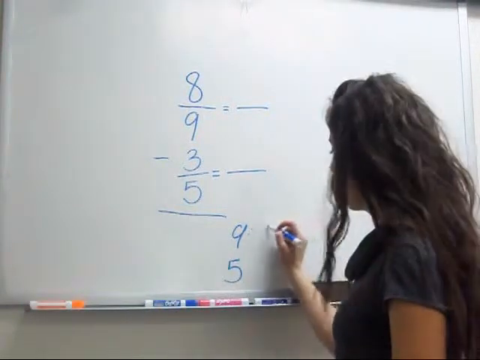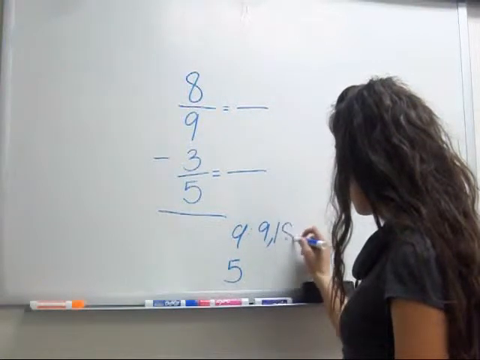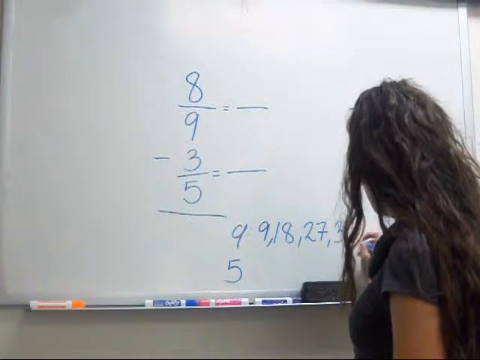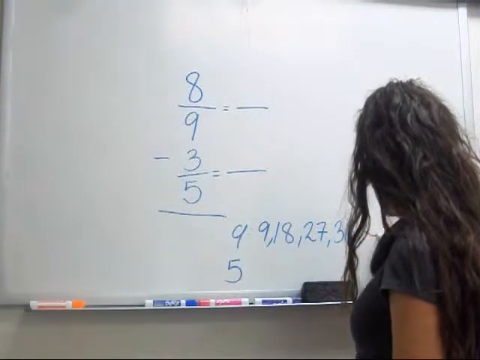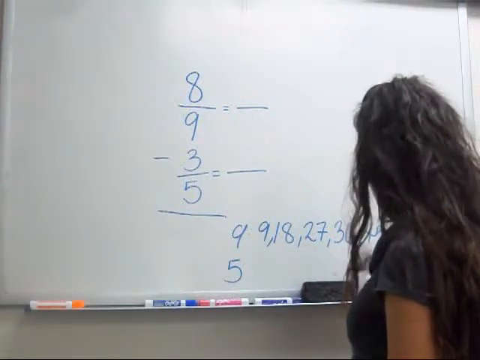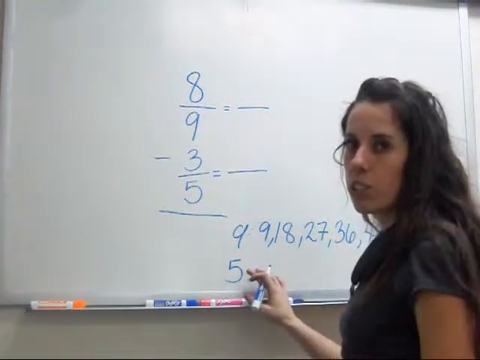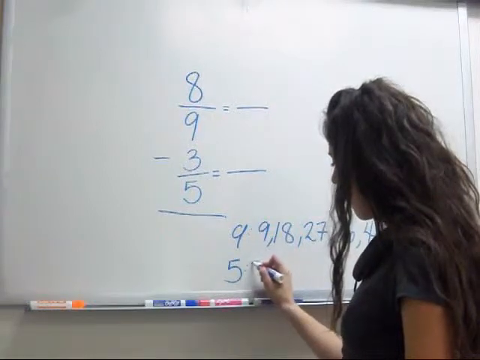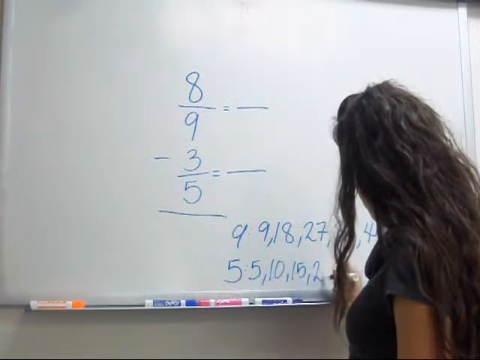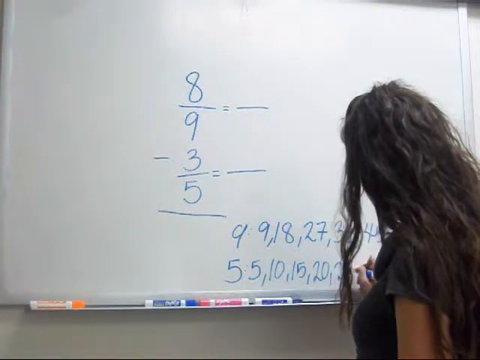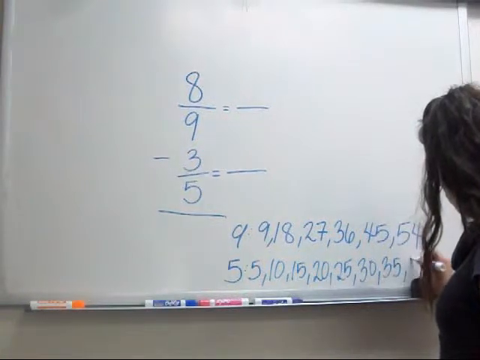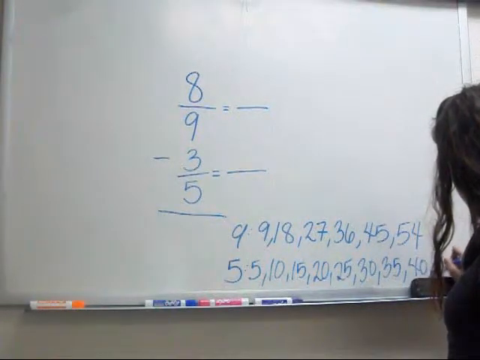Multiples of 9: 9, 18, 27, 36, 45, 54. Okay, now let's do our multiples of 5: 5, 10, 15, 20, 25, 30, 35, 40, 45.